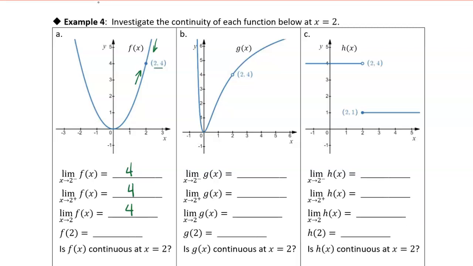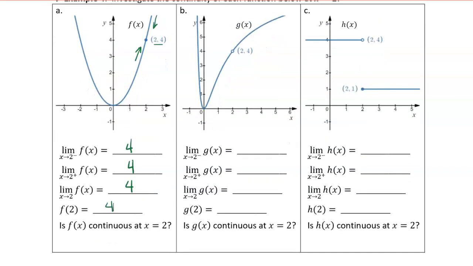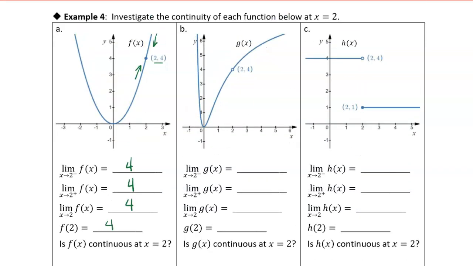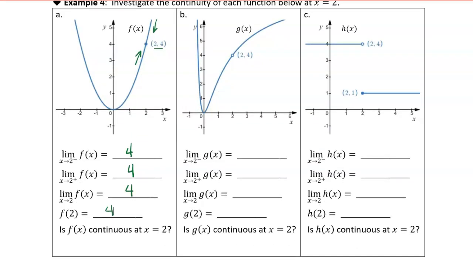Now, I happen to know this is just x squared, but just from the graph, I can see that the value of the function is defined to be 4 when x is equal to 2. So the value of the function is 4, and the limit as x approaches 2 from either side is 4.